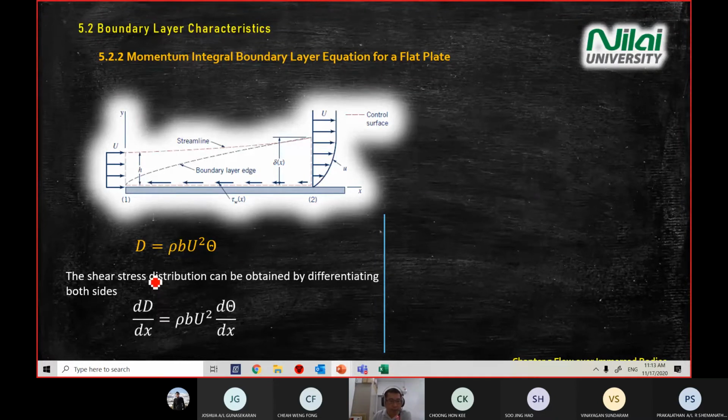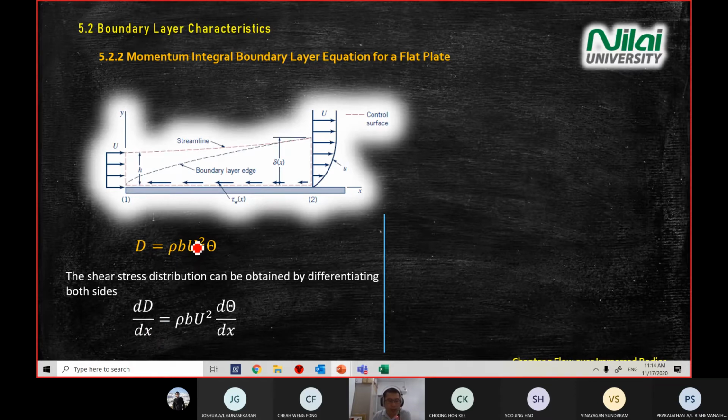To get shear stress, we differentiate this equation along the x-axis. We put d dx on the left and on the right also.